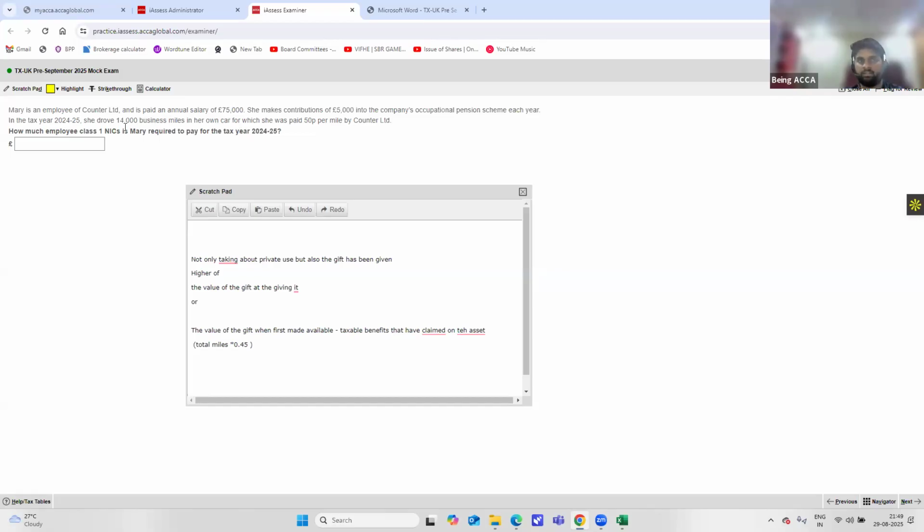And that should be added to the annual salary plus the business miles that you travel. On that, you will be calculating your class 1 NICs. Is this clear? Let's move on to the next question.